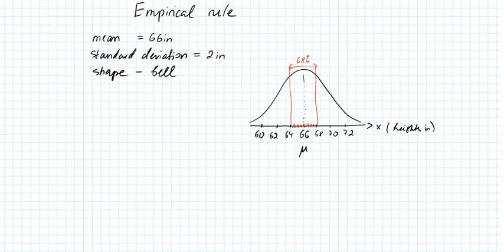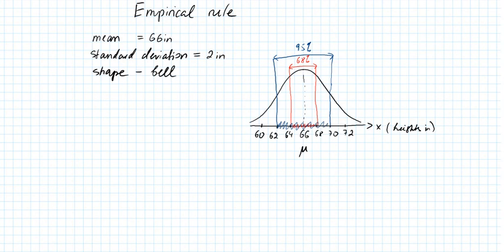If I go 2 standard deviations out, meaning now I'm going to be between 62 and 70, inside of that interval, that's going to get me approximately 95% of all the heights. So all the students between the heights 62 and 70 will make up 95% of the data set.